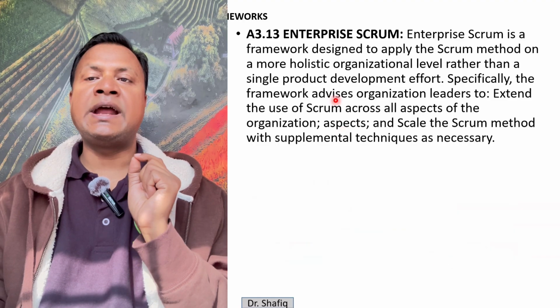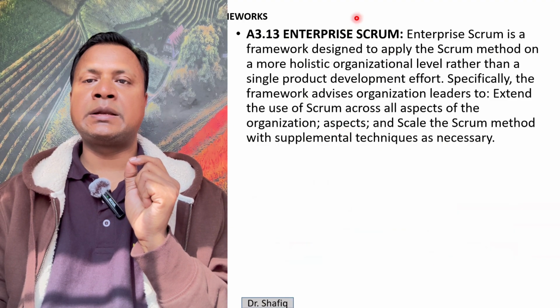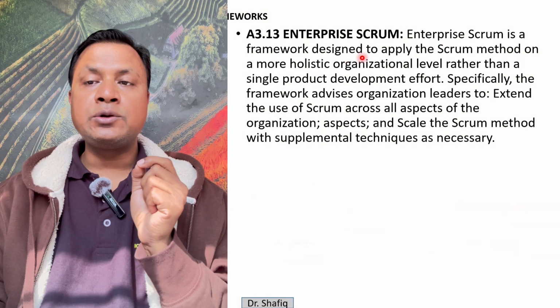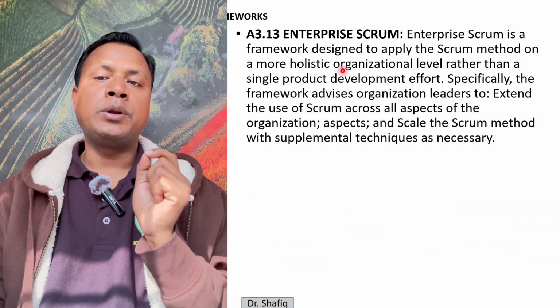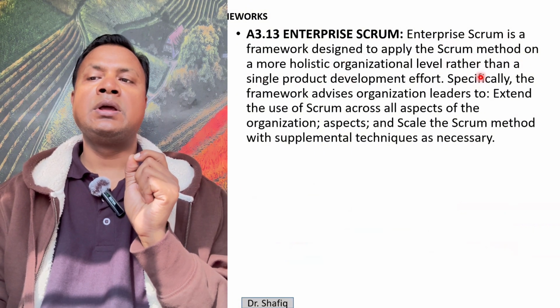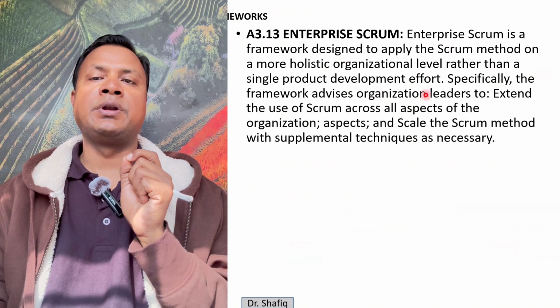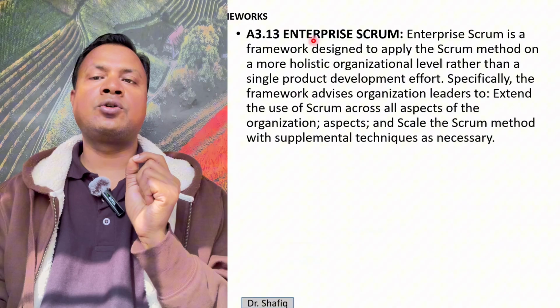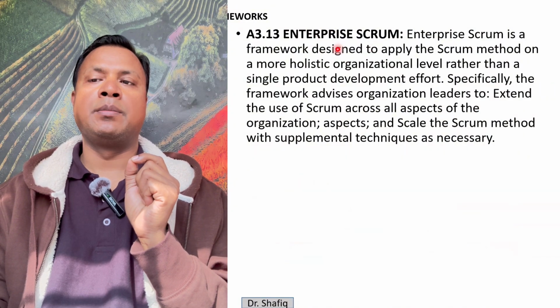And now enterprise Scrum. What is enterprise Scrum? Enterprise Scrum is a framework designed to apply the Scrum method on a more holistic organizational level rather than a single product development. So the focus is on the organizational level. That's why it's called enterprise Scrum.